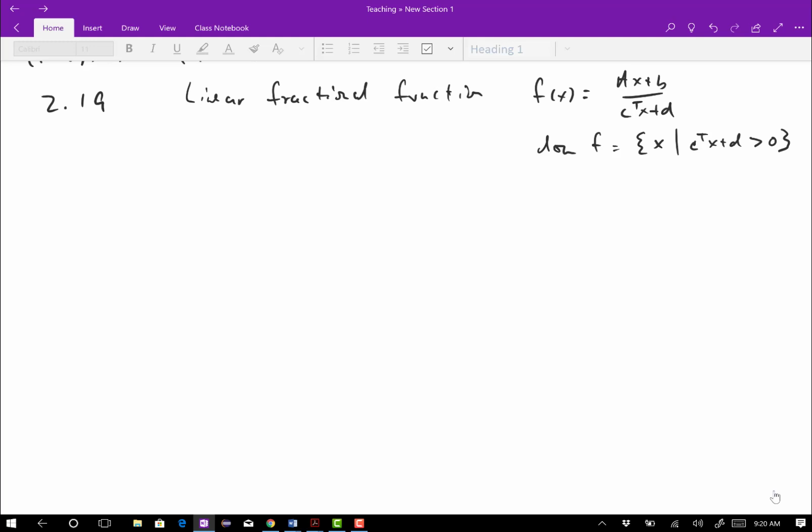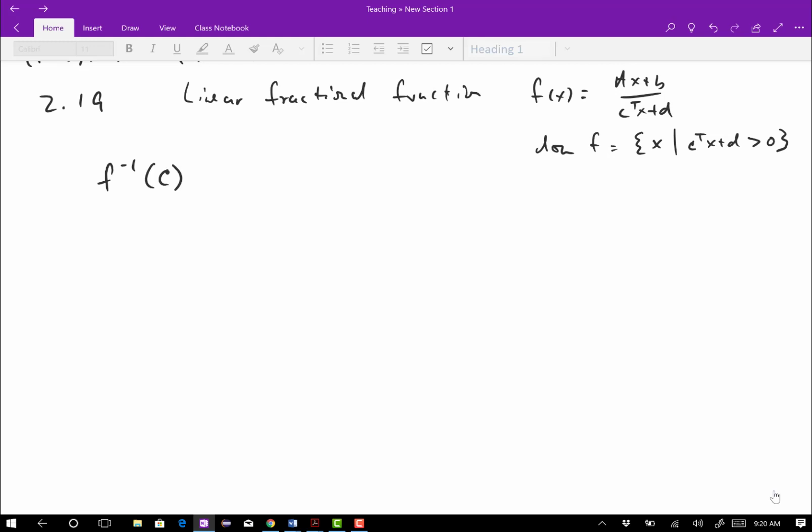And what we're doing in this problem is we're dealing with the inverse image of a convex set under the linear fractional function. So what that means is f inverse of c, where c is a convex set, and this is equal to x's from the domain of f, such that f of x is in the convex set C.